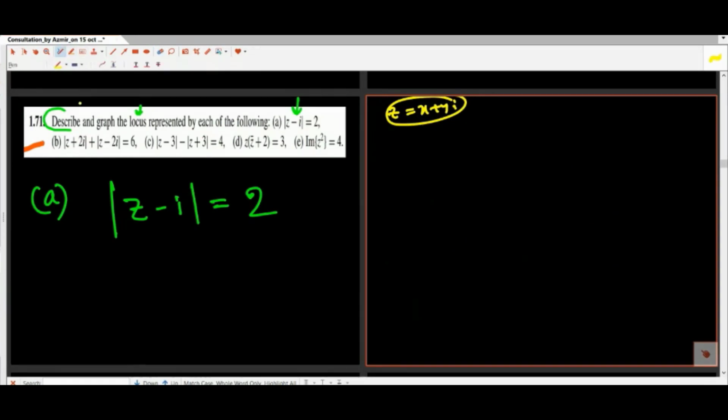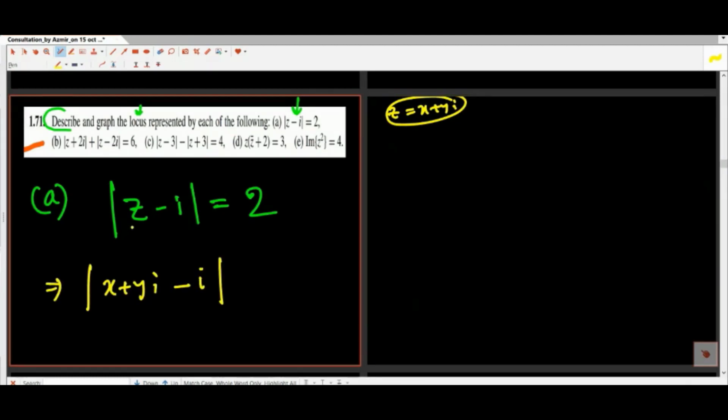Based on that equation, we can think out, yeah, that is a circle, or this is an ellipse, it is a parabola, it may be a straight line. So everything will be based on the equation. So for finding the equation, we need to have x and y. So that's why we are plugging z as x plus yi. So that means modulus of x plus yi negative i. That means we just have replaced z by x plus yi.